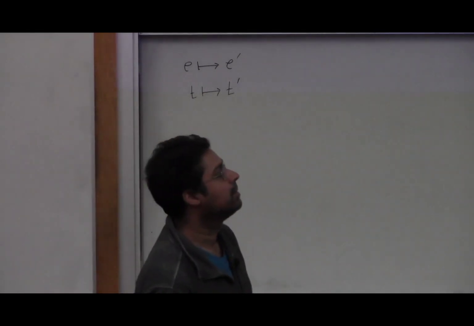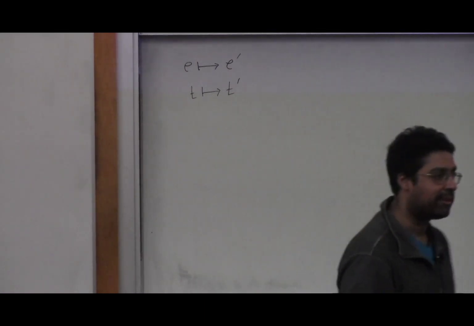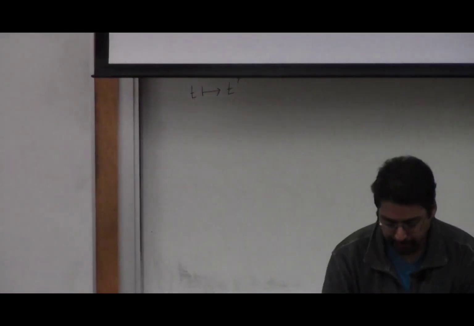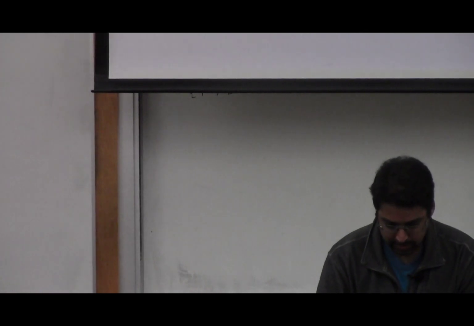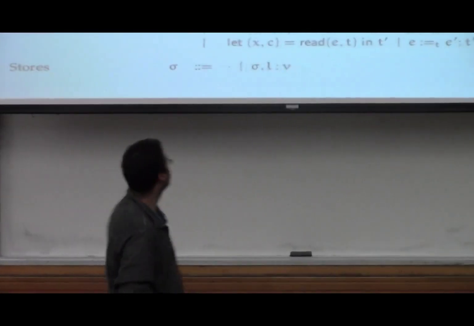So let me turn on the projector again. Let's see, how much time do I have? It looks like about 5 minutes, actually. So why is there no signal? There we go.